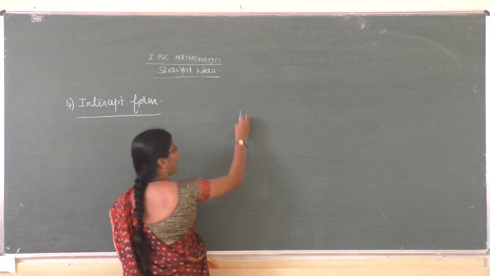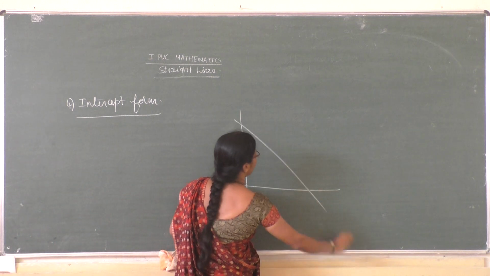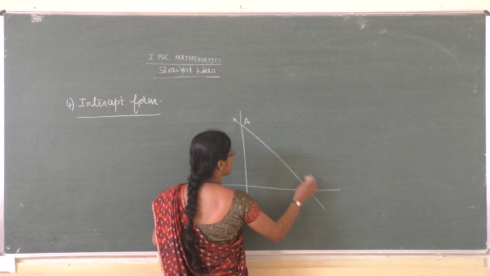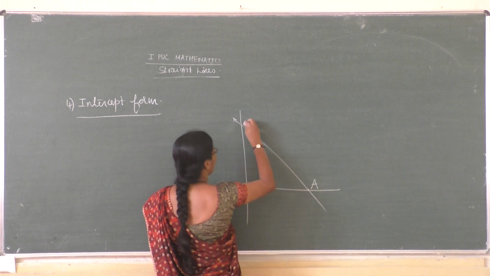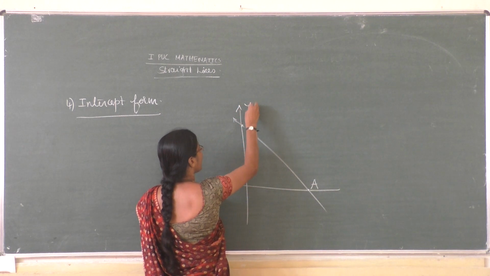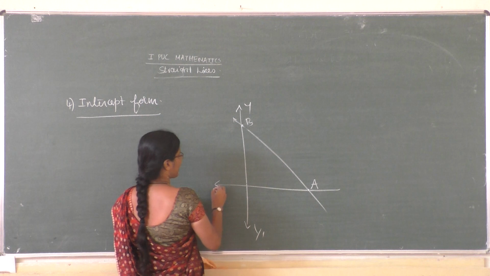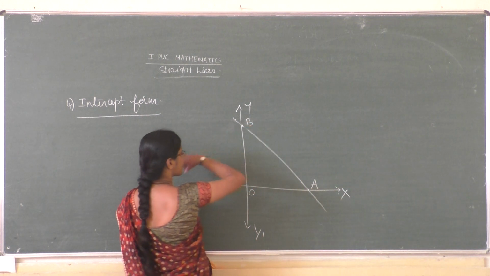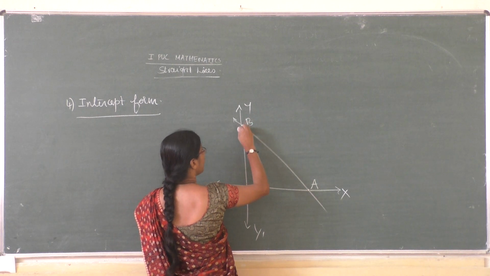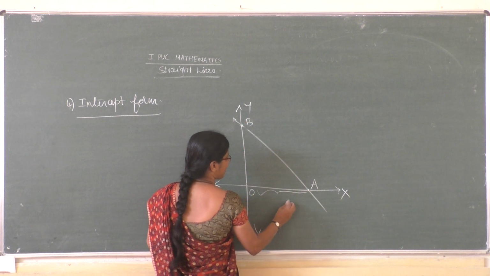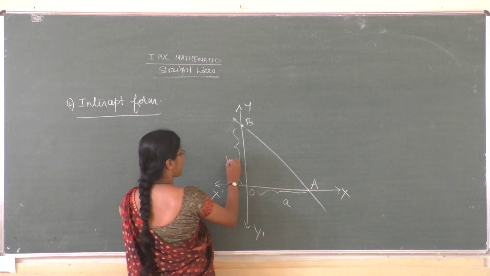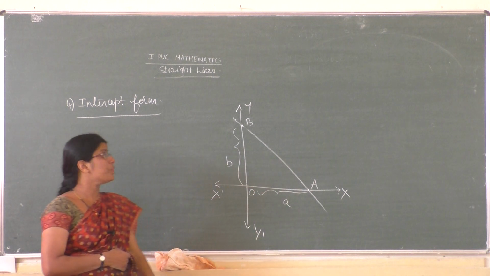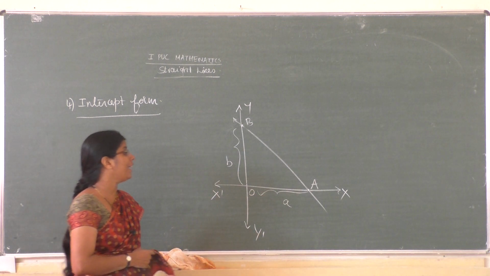Suppose we have a line which makes here this point you take as A and this point you take as B. Suppose a line makes x-intercept A and y-intercept B. Then what we have?